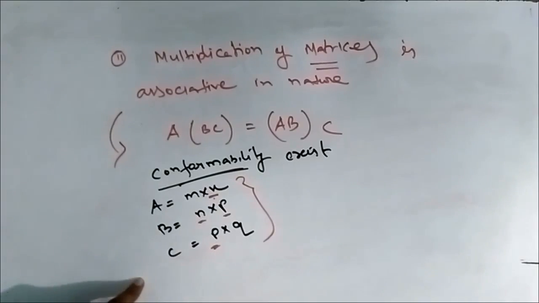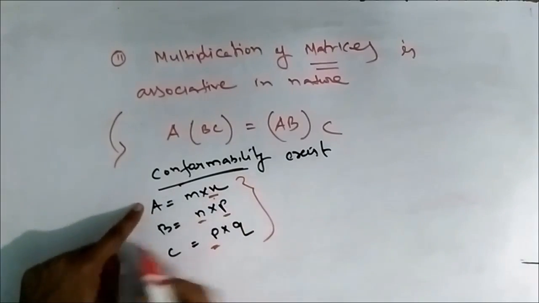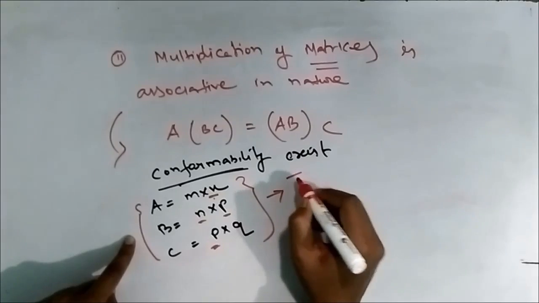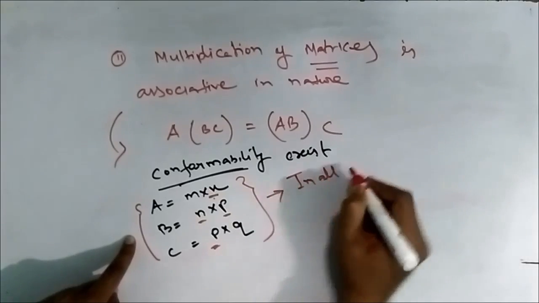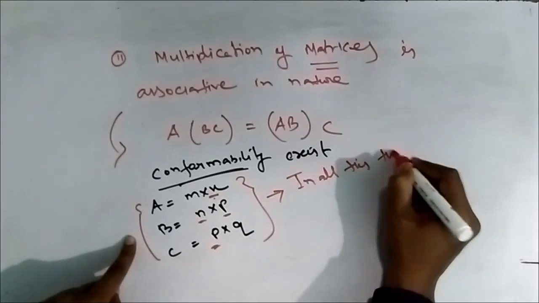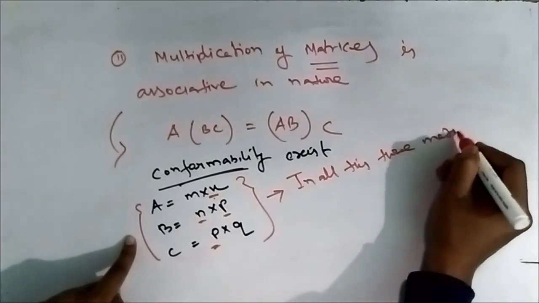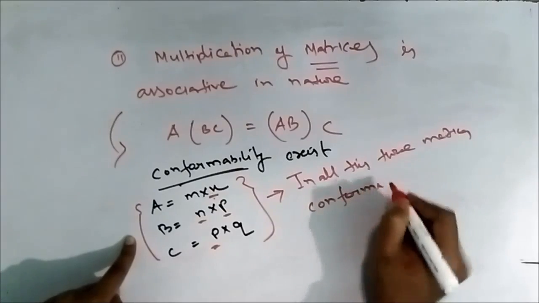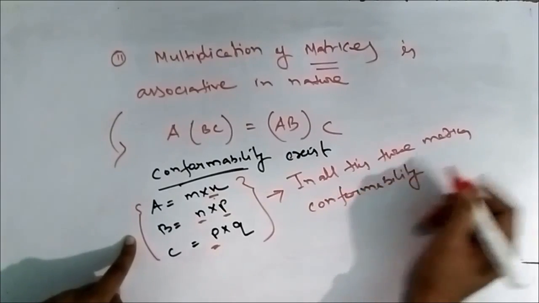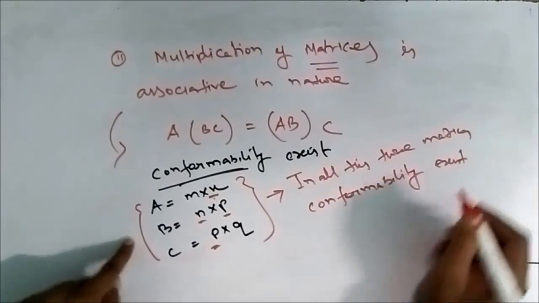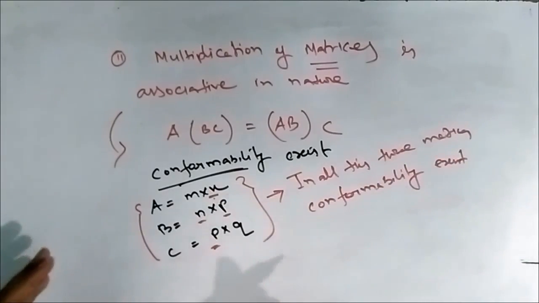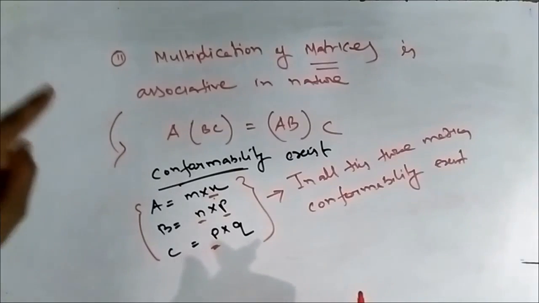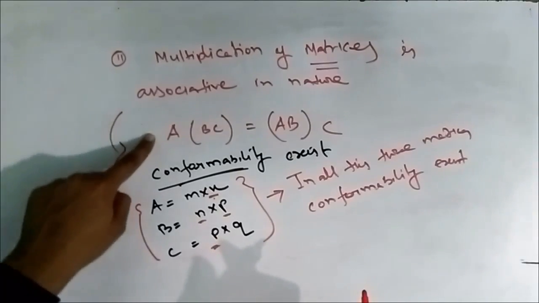So we will say in all these three matrices, conformability exists. So the matrix multiplication is associative in nature, and only when the conformability among all the three matrices exists.